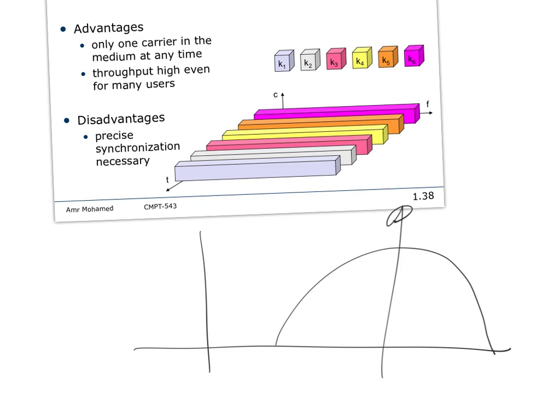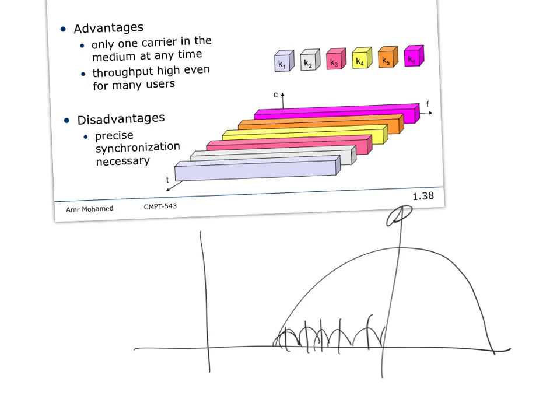But for FDM, or frequency multiplexing, no, there were sub-carriers, because each node has to send in a separate frequency range, and each one has a different carrier, right? So we have the main carrier frequency, and we have many sub-carriers. Okay?